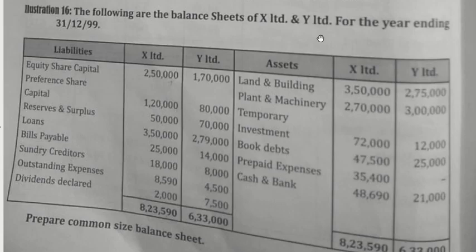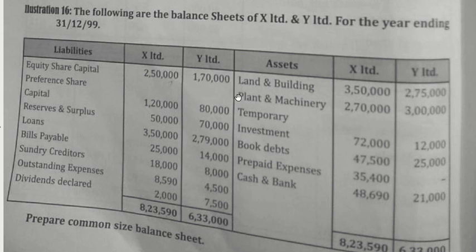The following are the balance sheets of X Limited and Y Limited for the year ending. They have given the liability side and the asset side. What is your total for X Limited? 8,23,590. So every item you will divide by 8,23,590 to get the percentage, because you're converting it into percentage form.